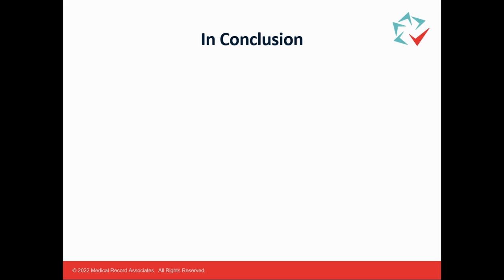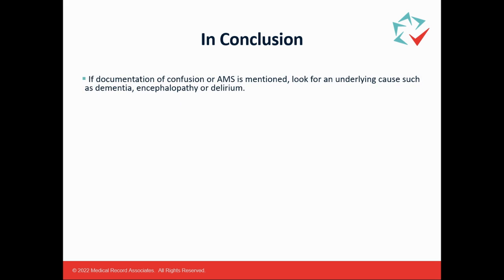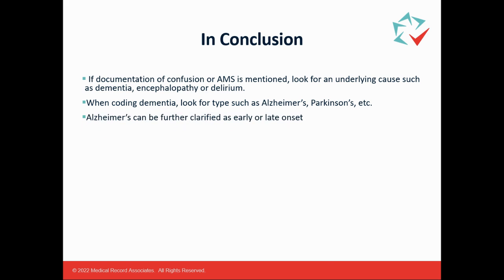So in conclusion, if documentation of confusion or altered mental status is mentioned, look for an underlying cause such as dementia, encephalopathy, or delirium. When coding dementia, look for a type, such as Alzheimer's or Parkinson's. Alzheimer's disease can be further clarified as early or late onset.